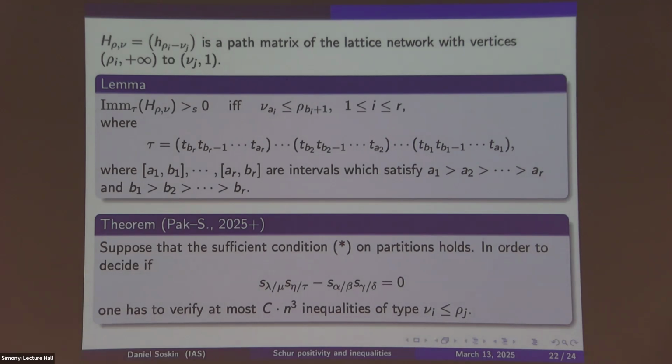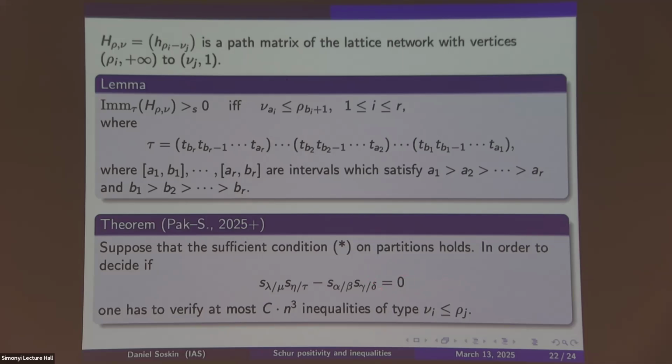Okay, and well, if I want to have equality in this inequality, I need all immanants in the difference to be equal to 0. So I need that for each immanant in that difference, at least one inequality in this system is broken. Overall, I have exponentially many immanants in the difference.